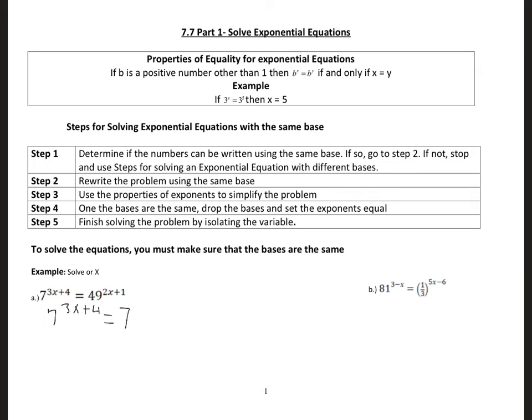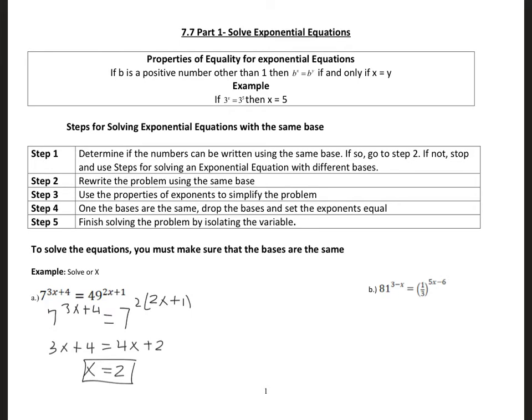So this is 7 squared 2x plus 1, and then I just equate the exponents. So this is 3x plus 4. I'm going to distribute the 2, so this is 4x plus 2, and then when I solve this equation, I'll get x is equal to 2, and that's the answer.